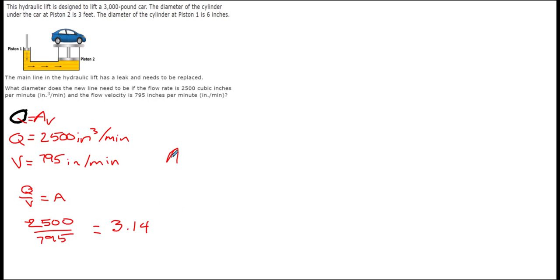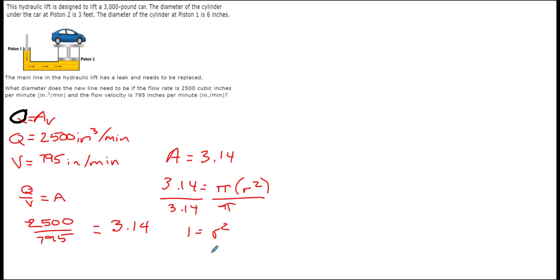So if the area is 3.14, and we know that area is equal to pi times r squared, we can divide this side by pi, divide this side by pi. 1 equals r squared.